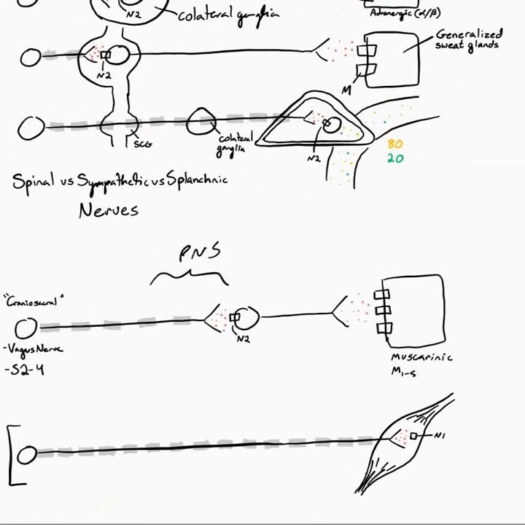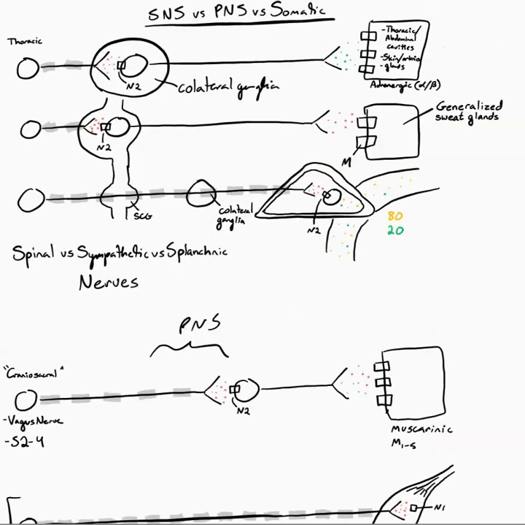Ionotropic basically just means that they are ligand-gated channels. They open up and allow sodium to rush into the cell, causing an action potential to occur. So every time, an ionotropic receptor is going to be excitatory.